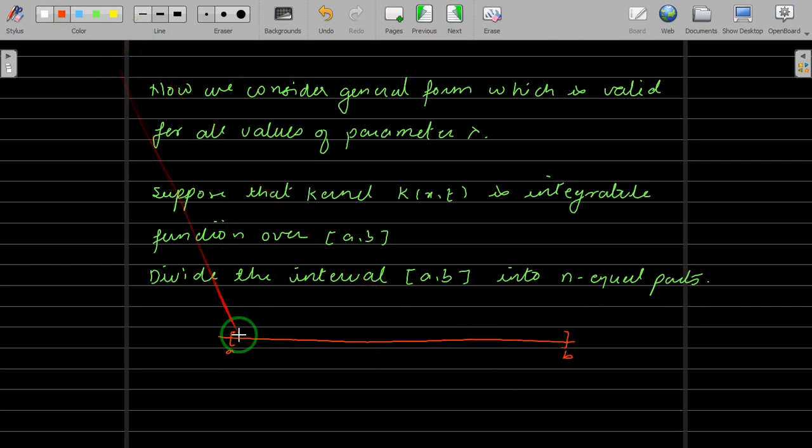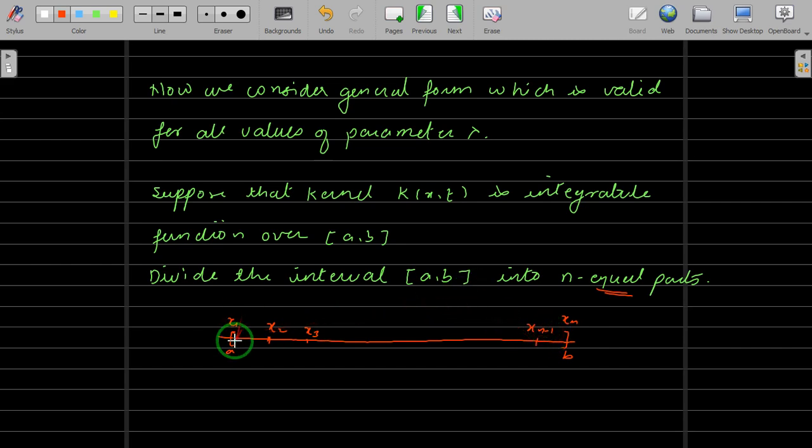So we have this a comma b, and we are dividing this into n equal parts. Let us take a as x1, then x2, and this is very important, equal parts. So x3, x4, and let us take the last as xn, and previously xn minus 1.